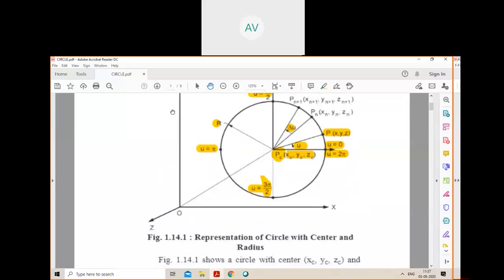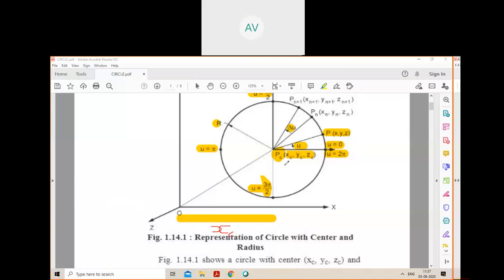See here how x is obtained. This much distance from here to here is xc.